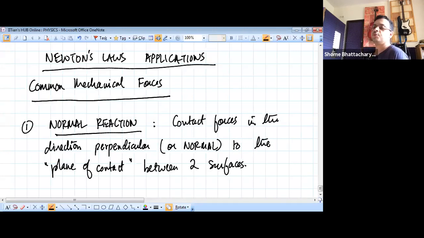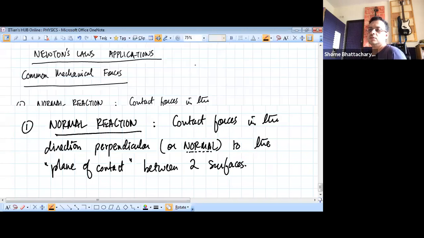So this is the proper definition of normal reaction. It is a contact force in the direction normal to the plane of contact between two surfaces. Through examples we will understand more about this.